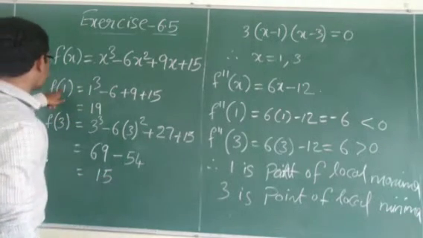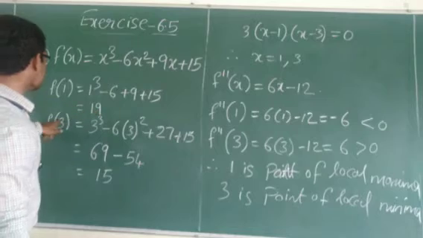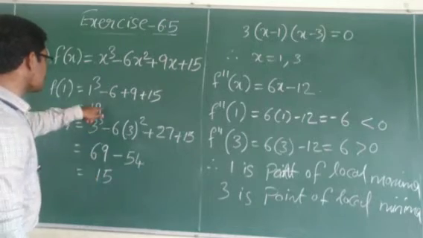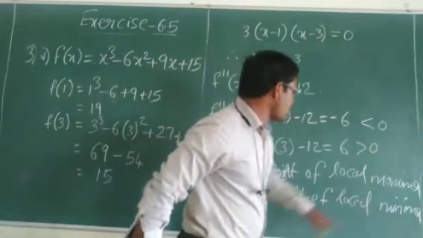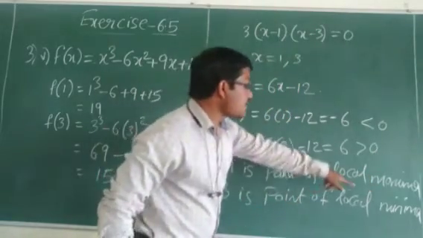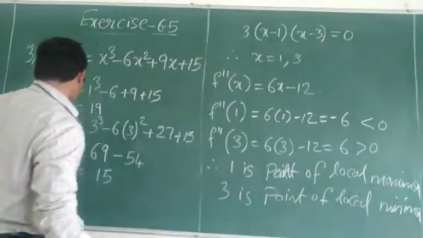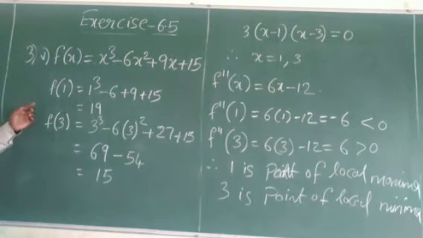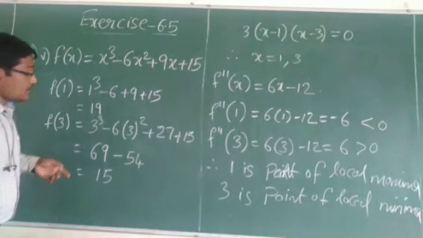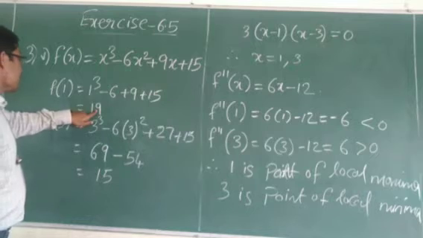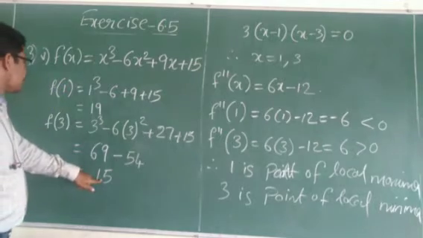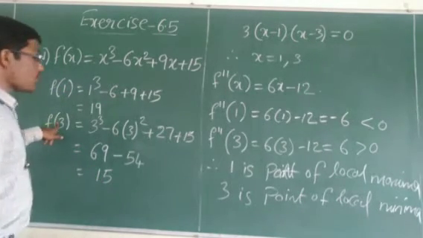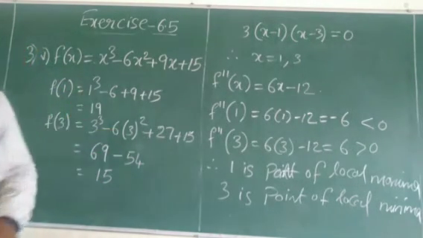We can see at 1 we have 19, at 3 we have 15. This is maximum, this is minimum. Therefore the conclusion we can write: 19 is the local maximum at x equal to 1, and 15 is the local minimum at x equal to 3.